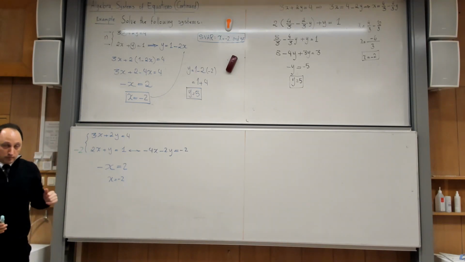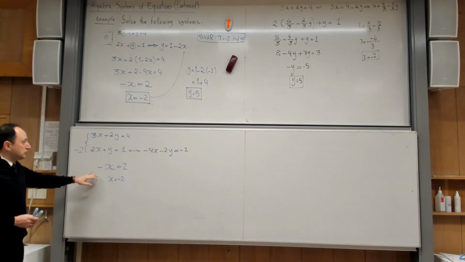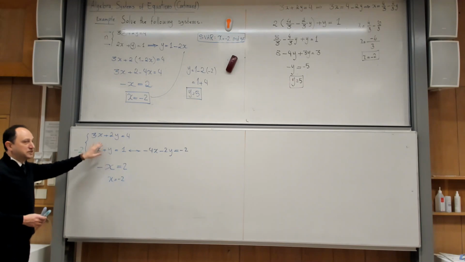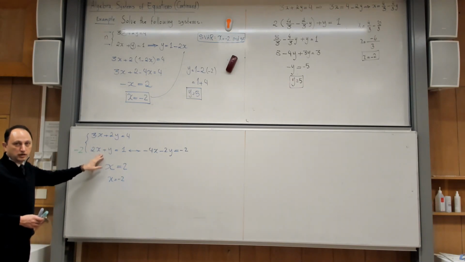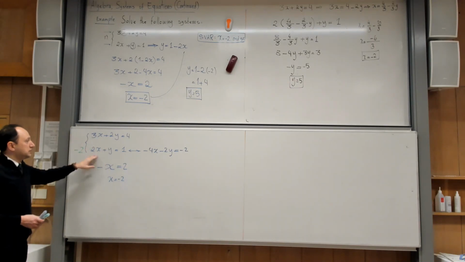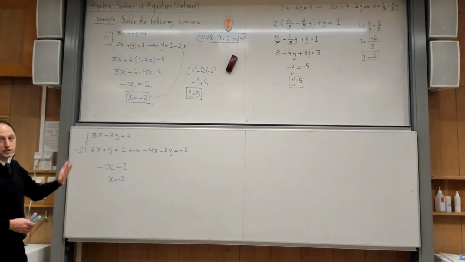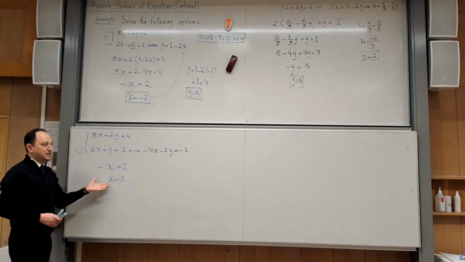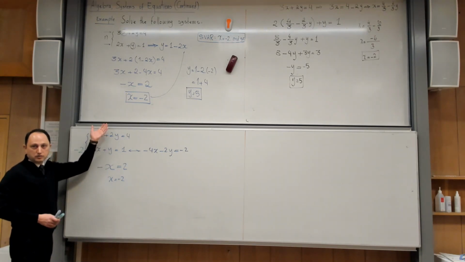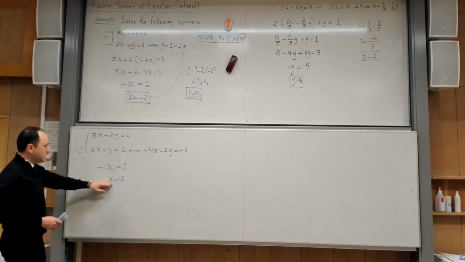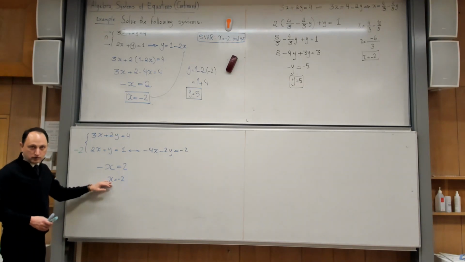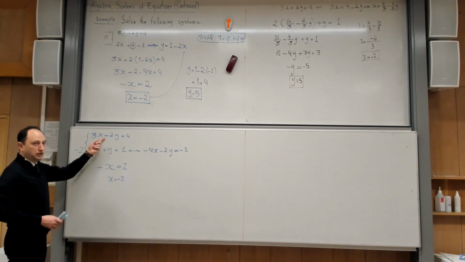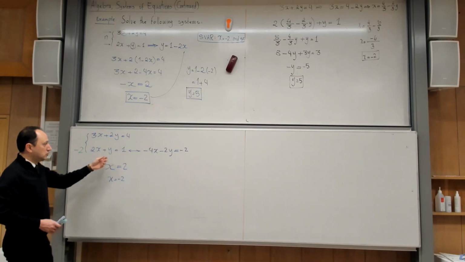So, this method of addition is good, usually for these kind of simple systems. Okay? But for a little bit harder systems, method of substitution is the main strategy. But I would myself prefer to solve this in this way, rather than substitution or elimination. When this x equals to minus 2 is found, I have to put it either here, or there, or even here.